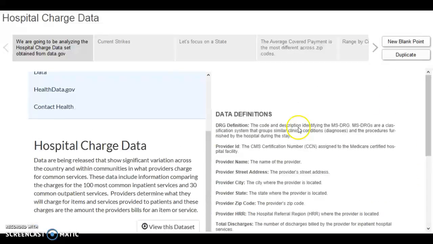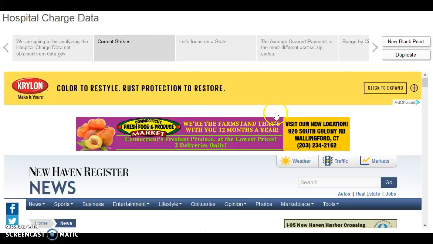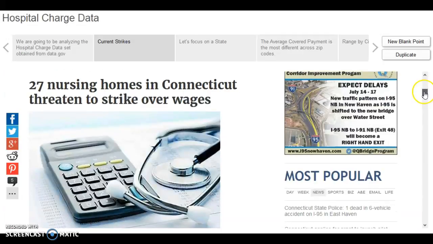I wanted to go over this because there are a lot of hospital strikes currently happening, and this is one I found locally in Connecticut.